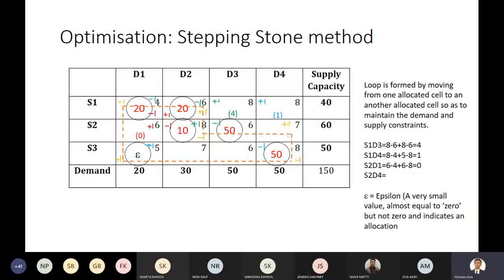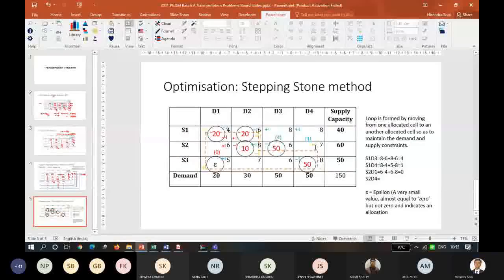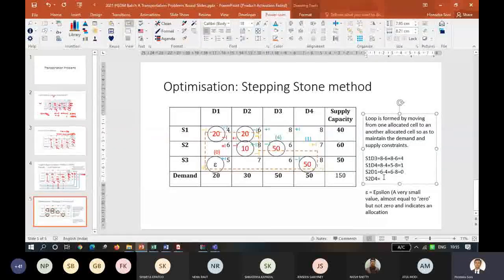So what we'll do is we'll see what is the net effect for this cell. So S2D4, our cost is getting increased by 7 first, then it is reduced by 8, so -8, then it is added by +5, then -4, then +6, then -8, and after that we are again reaching the same place, so we will not say add 7 again.